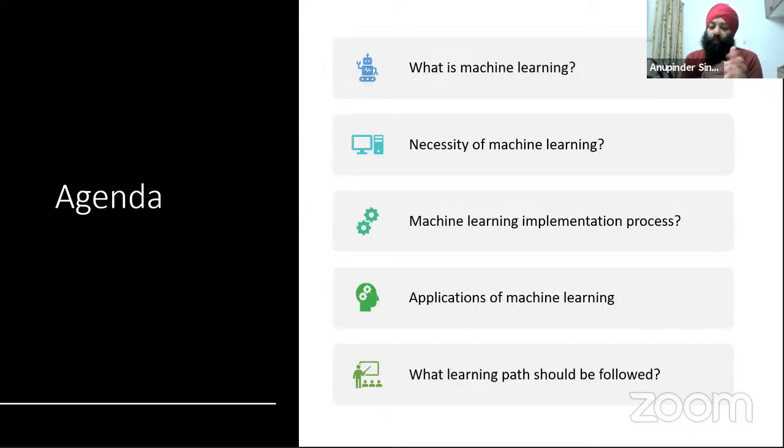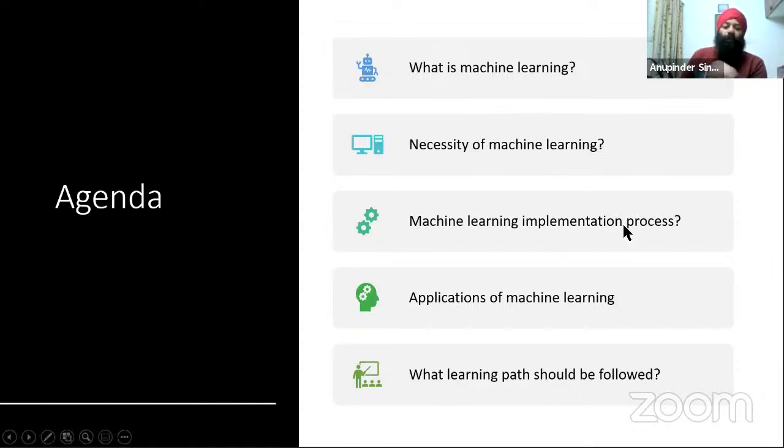Then the implementation process: we'll be discussing the steps and procedures involved in it. Alongside, wherever it is applicable, I'll be giving you some application examples related to machine learning, and then comes what learning path should be followed. So this is the agenda I thought about, and hopefully it will give you an idea about this concept.